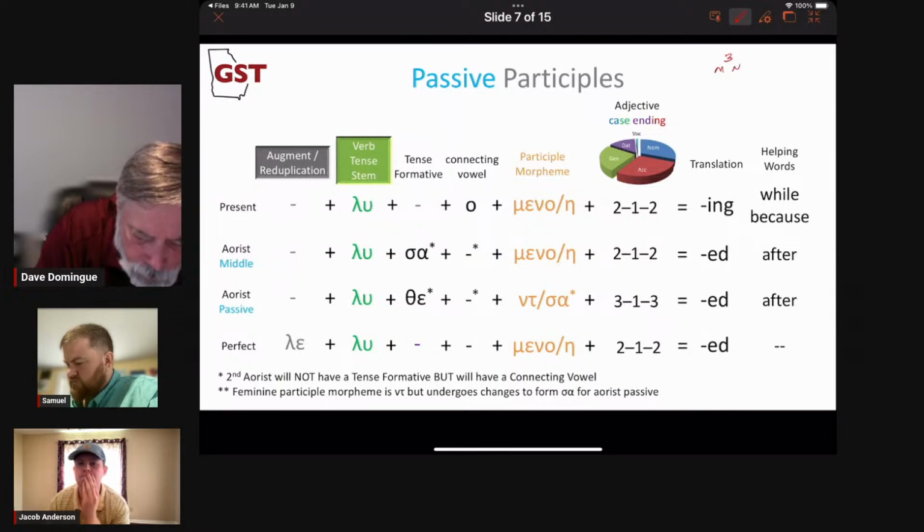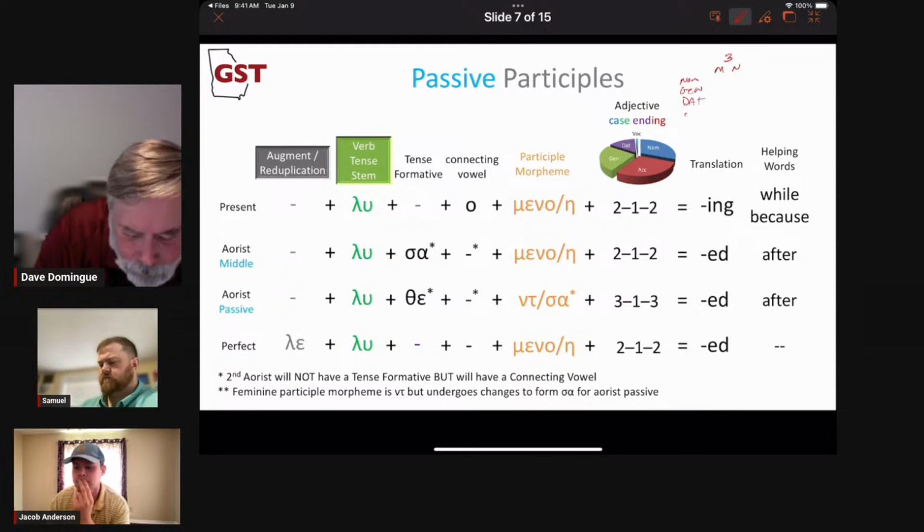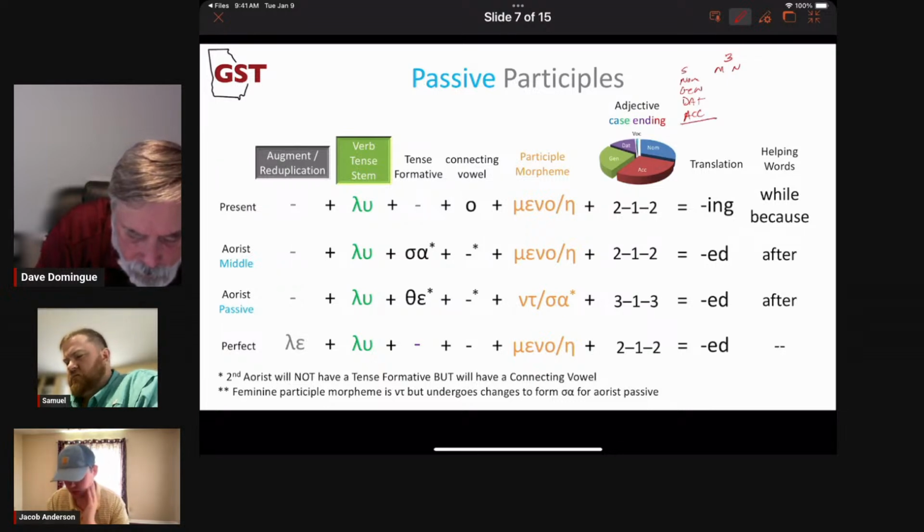We'll do nominative, genitive, dative, accusative. That's the singular. We'll do the plural: nominative, genitive, dative, and accusative.